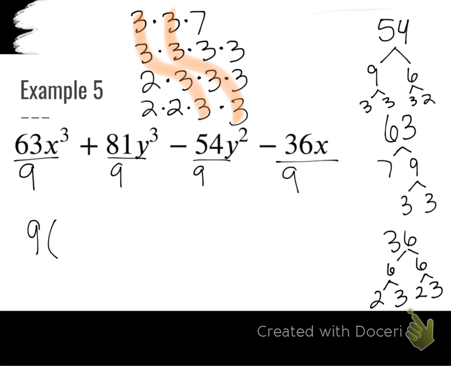The leftovers go inside. So we have 7x cubed plus 9y cubed minus 6y squared minus 4x. None of those terms in the parentheses can be combined, nor do they all have anything in common. So that is our final answer.